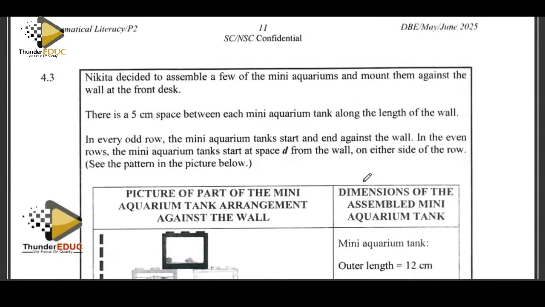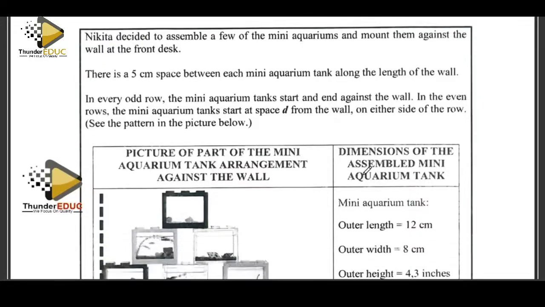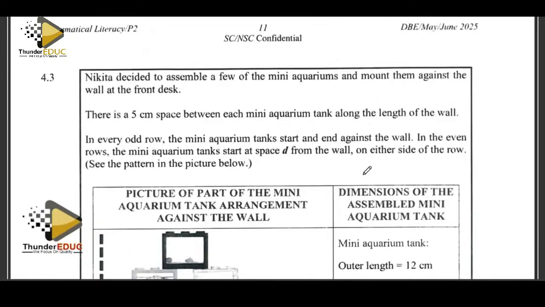4.3. Nikita decided to assemble a few of the mini aquarium against the wall at the front desk. There is a 5 centimeter space between each mini aquarium tank along the length of the wall.